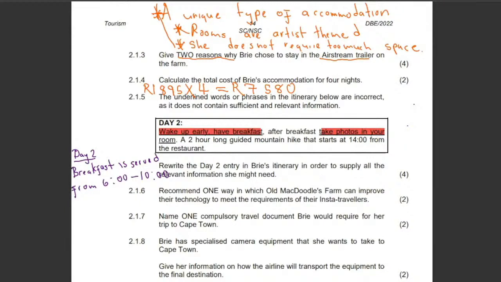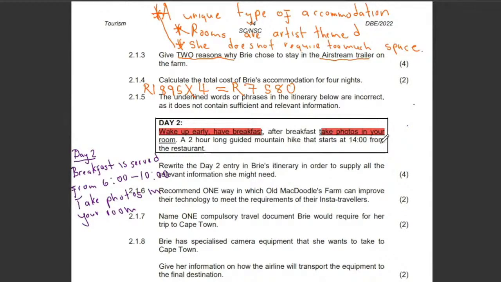Immediately after breakfast, you take photos in the room. Then in addition to that, you go to the second day. A 2-hour-long guided mountain hike starts at 1400 hours in the restaurant.